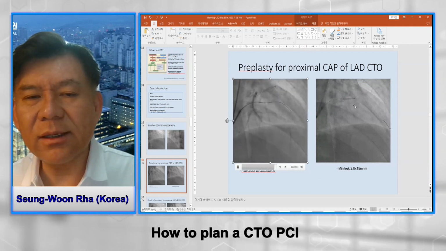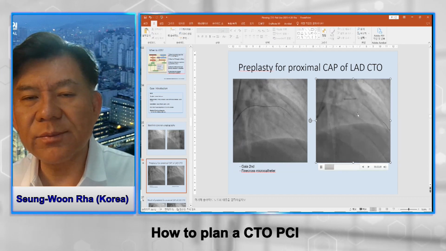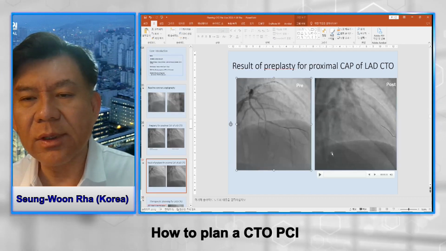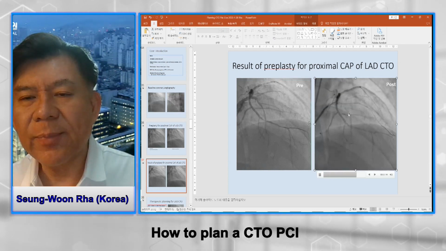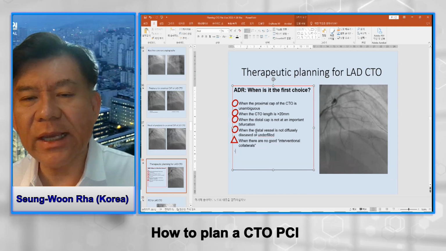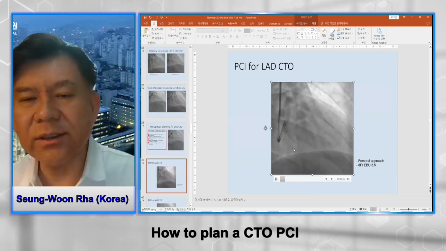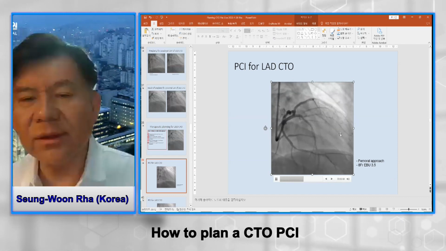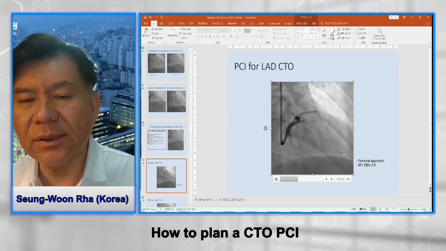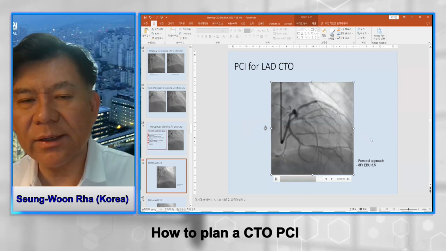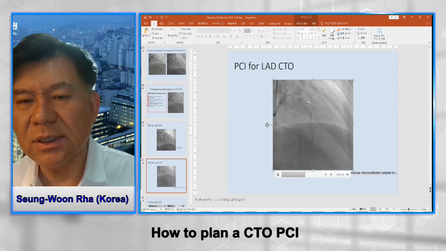Wiring to the diagonal, no stump here, and pre-dilation to the. The intention is to make some small stump, and the small stump is here, and using the indication we could confirm. Then just checking, ready for the dissection reentry. Septal is a good source for distal visualization of the distal LAD. We can use the ipsilateral integrated approach.